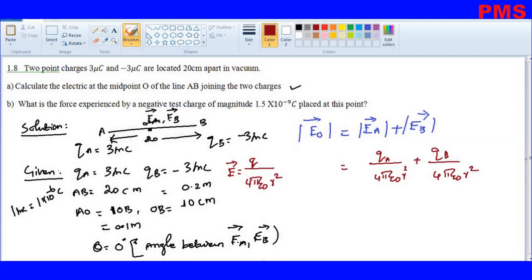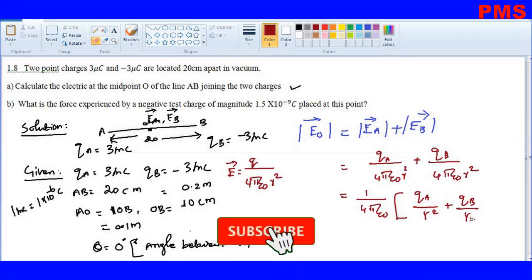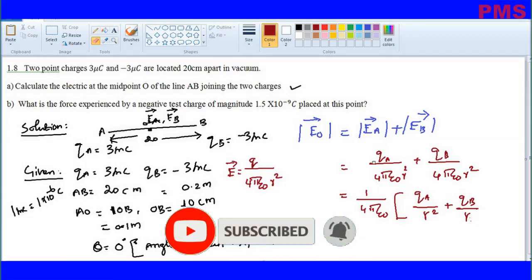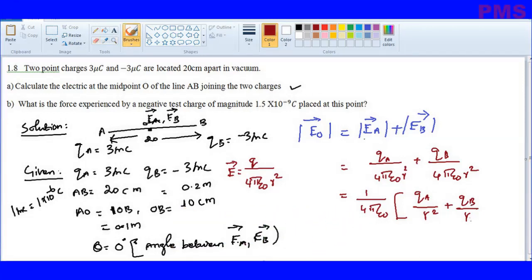In this question, 1 by 4 pi epsilon naught is a constant value, so we can take it outside: QA divided by r squared plus QB divided by r squared. It is a standard, constant value.